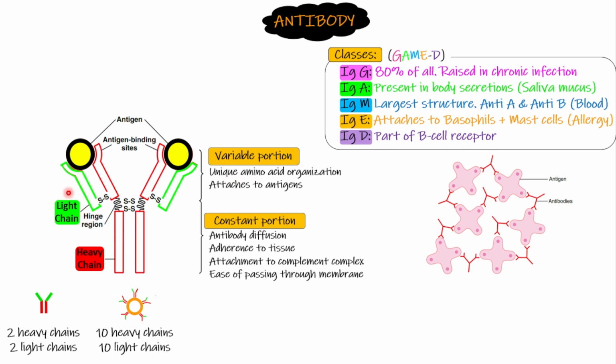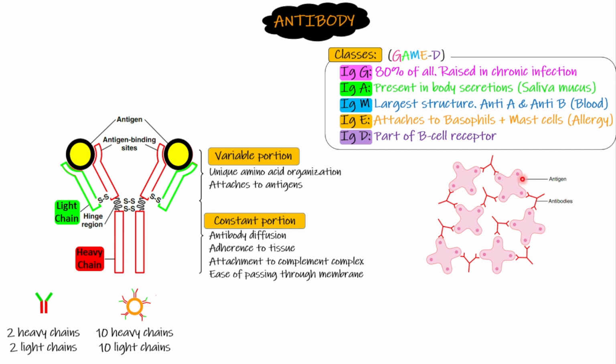Now, interestingly, as discussed previously, the antibody has two binding sites. So this single antibody can bind to two different antigens. This is what it looks like. This is the antibody, and it can bind to this antigen here and this antigen here.